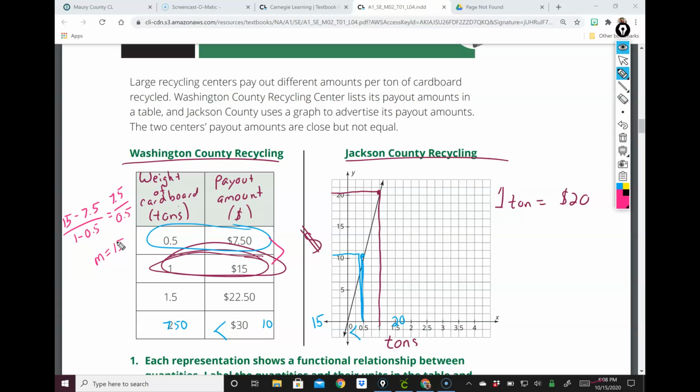So my slope is 15, my rate is 15, which I could have seen that there. My rate is 15. Here my rate is $20.